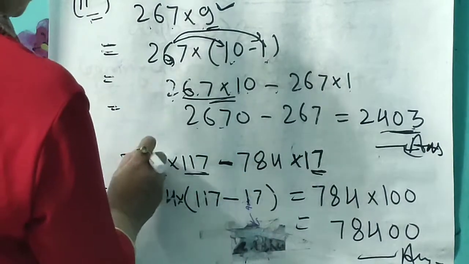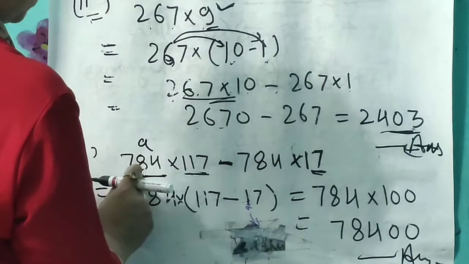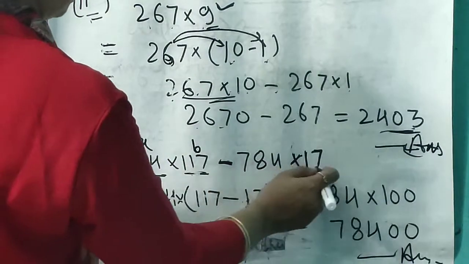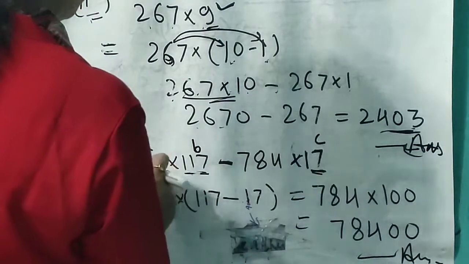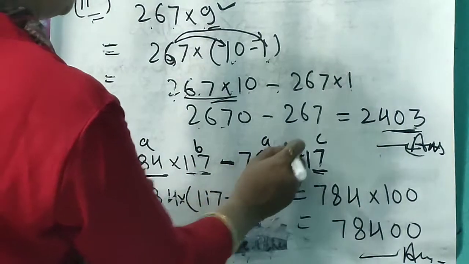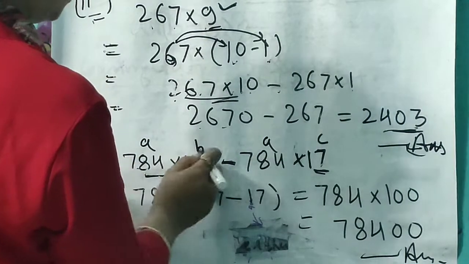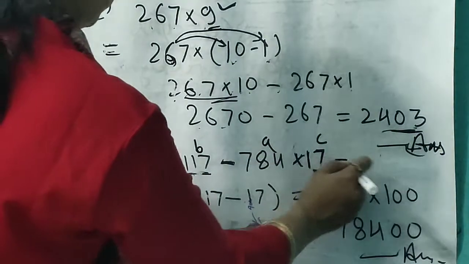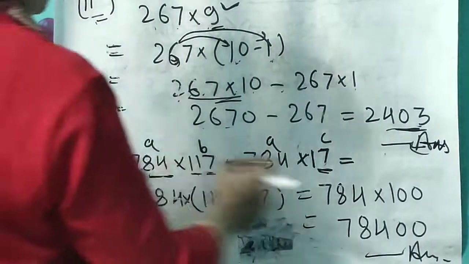Here you can take 784 as A, then 117 as B and this 17 as C. So you can see it is written A into B minus A into C. So you can write it in the reverse form of the distributive law.